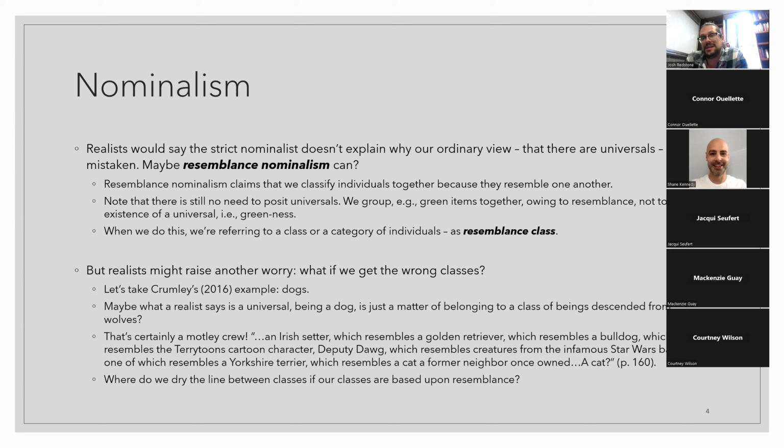Really, these are metaphysical positions, right? We can't answer these questions by doing a scientific experiment. So think about it.